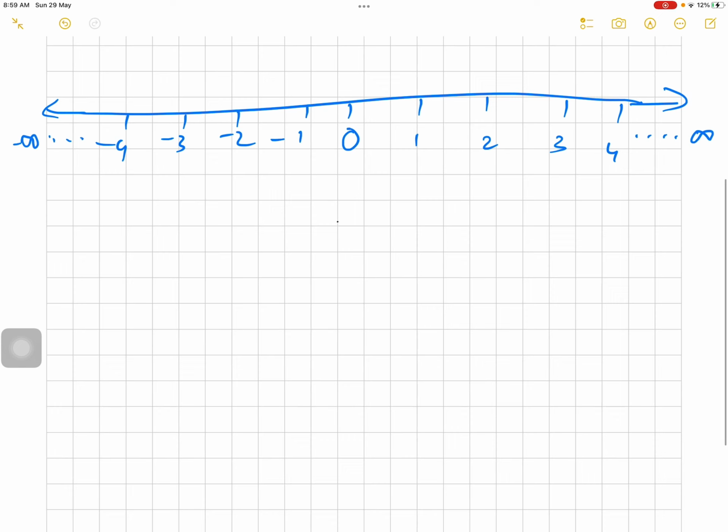The counting numbers 1, 2, 3, 4, 5, 6, 7, 8 and so on till infinity are called natural numbers.